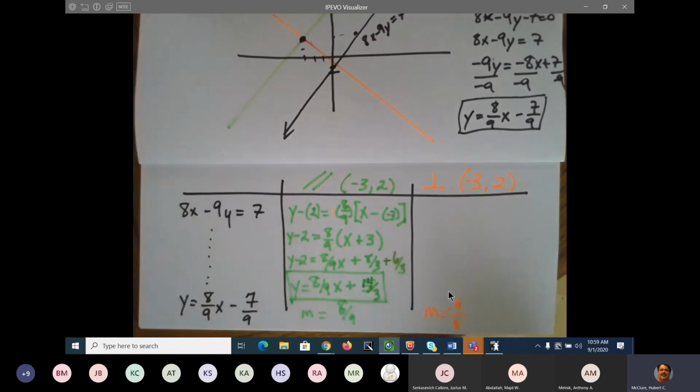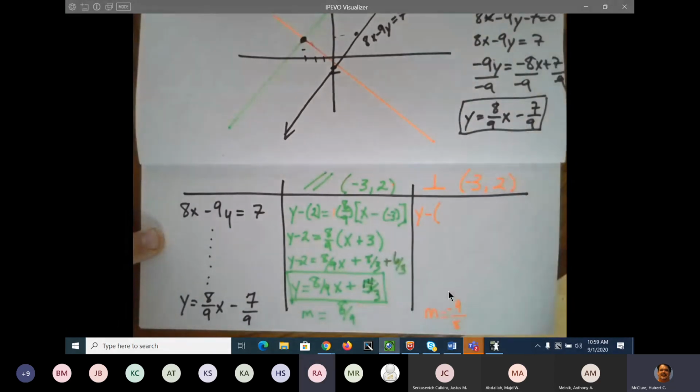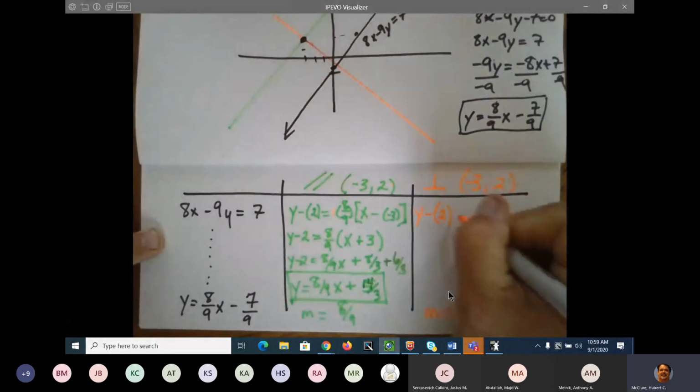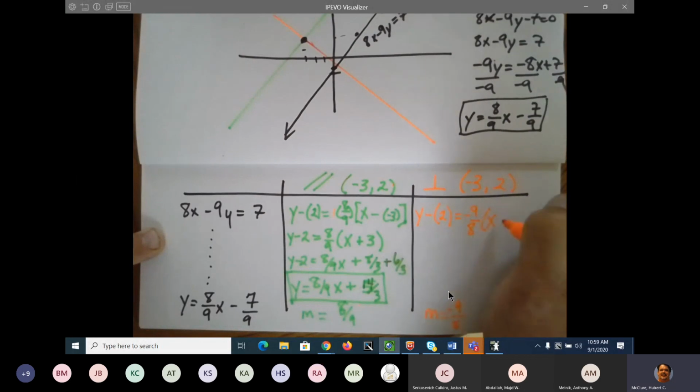And then over here, y minus 2 is equal to -9/8 times X minus a -3.